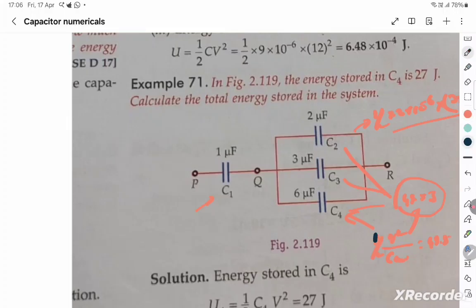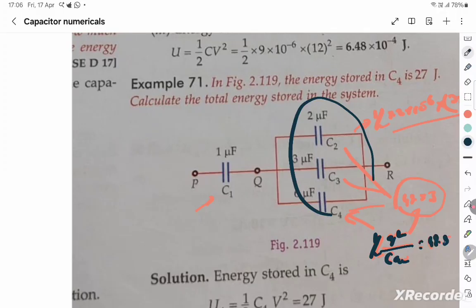Let me write half into Q square by C equivalent for this section alone to be equal to 49.5, and hence you can find the charge that is flowing through here. Once you find the charge, that will be the same charge which flows through C1, and hence you can find the potential by V is equal to Q by C. Get this potential and substitute half C1 V1 square.